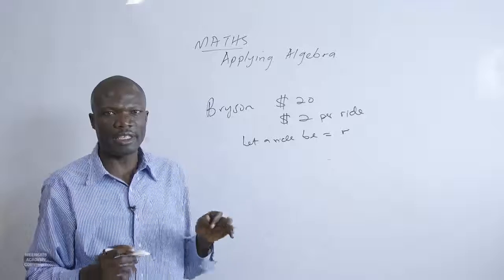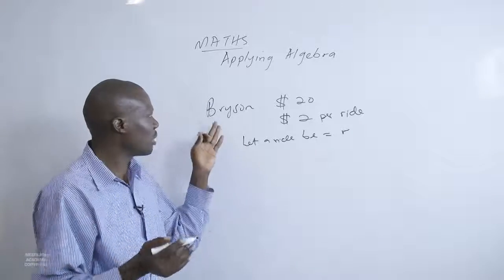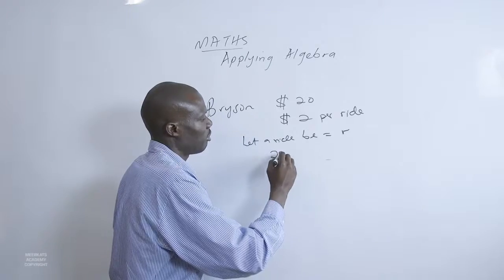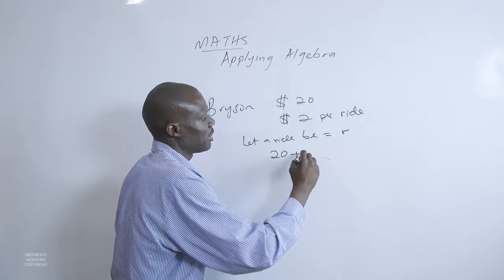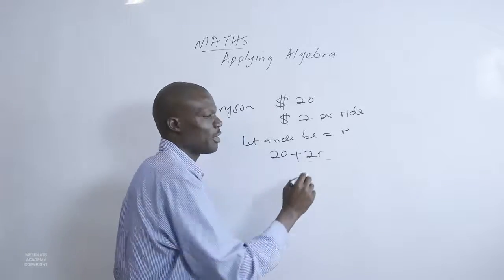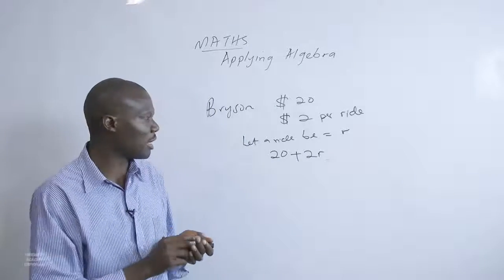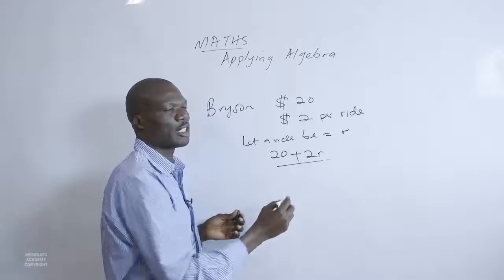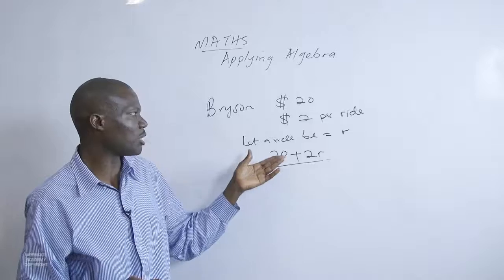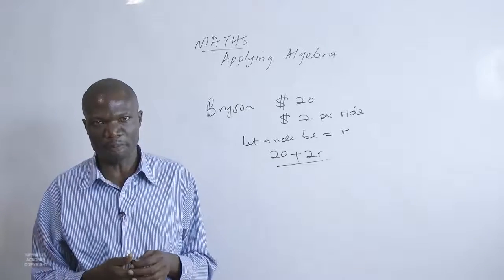Then in this case, the total cost that Bryson will spend will be the fixed entry fee of $20 plus $2 per ride, multiplied by r to get the total number of rides that he went for. So this gives us an expression that shows the total expenditure by Bryson.